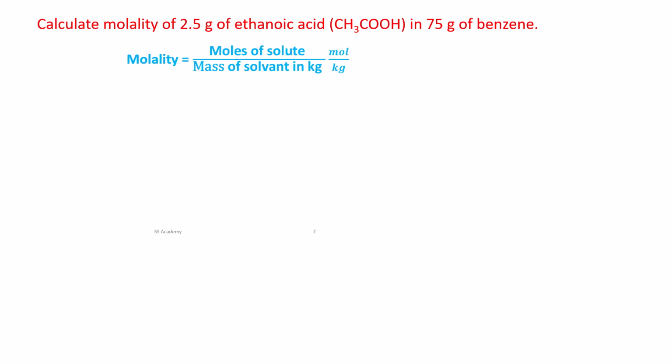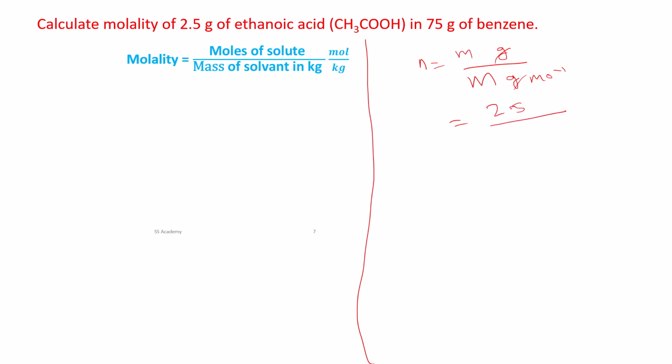So let us start our calculation. The first step is to find out how many moles this 2.5 gram of acetic acid is. The mole is n equal to mass in grams divided by molar mass in gram per mole. So gram cancels. The mass of acetic acid is 2.5 divided by molar mass. Acetic acid is CH3COOH, so we have C2O2H4.